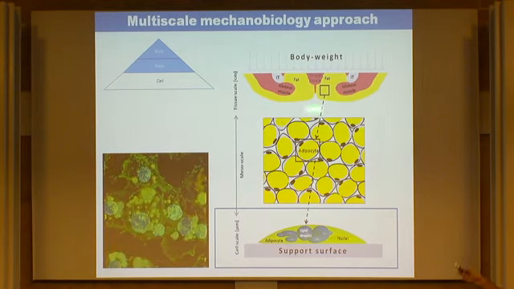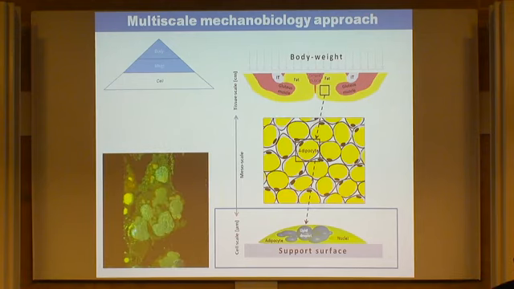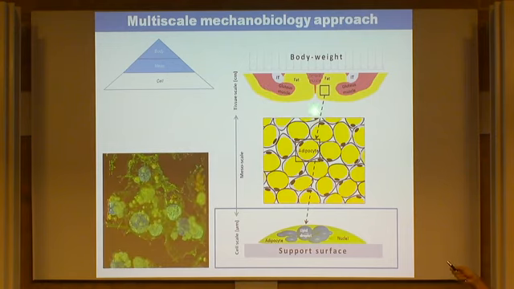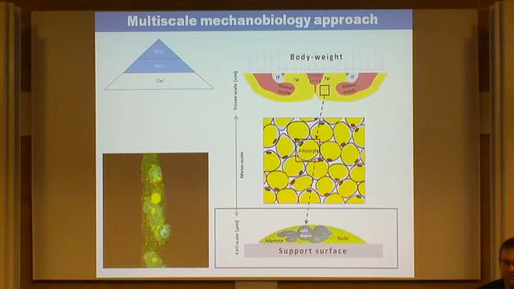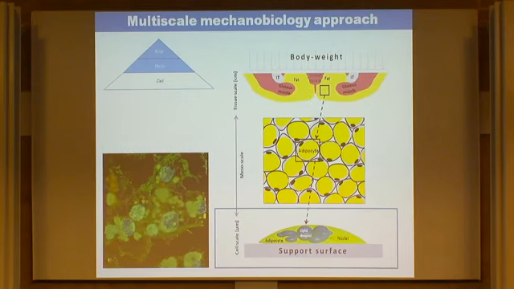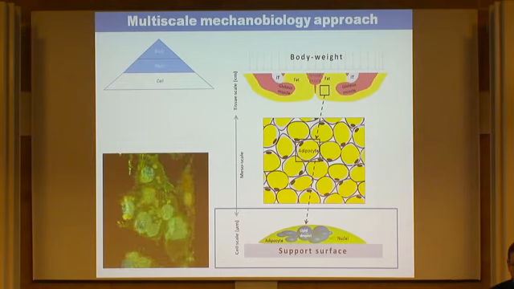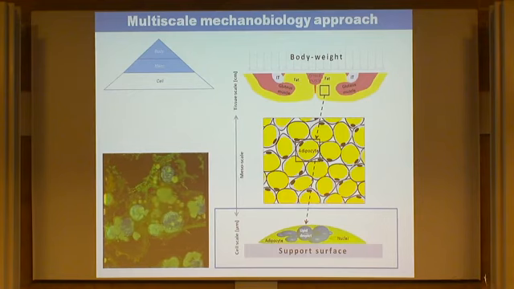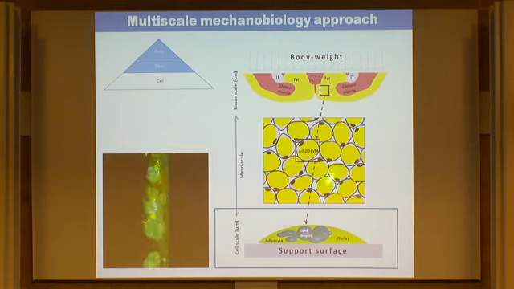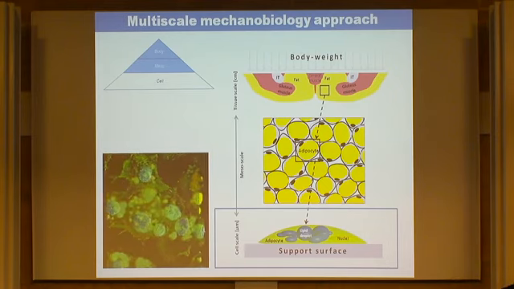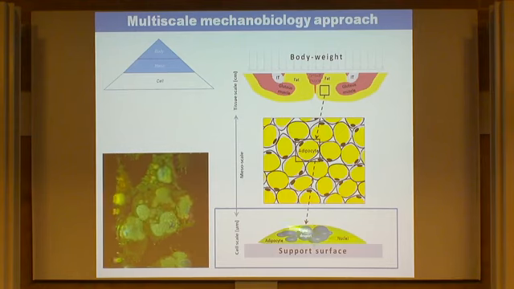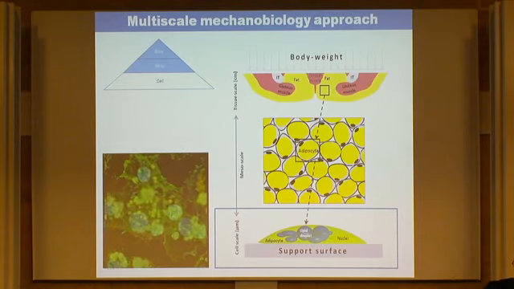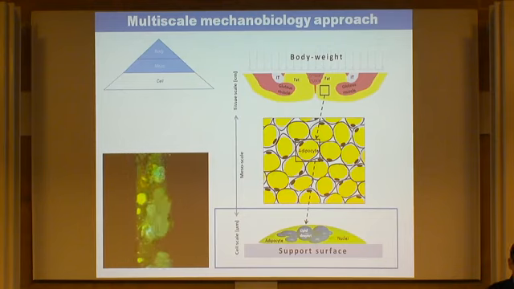For example, you're all sitting now, you can think of your fat tissue, you have a lot of fat tissue enveloping the gluteus muscles in the buttocks, and that fat tissue is now being deformed as you're sitting and listening to me. And within that fat tissue, if you can zoom in, these individual cells, these adipocytes, are also deforming, and the organelles within the cells are also deforming as you're applying these sustained loads on them.